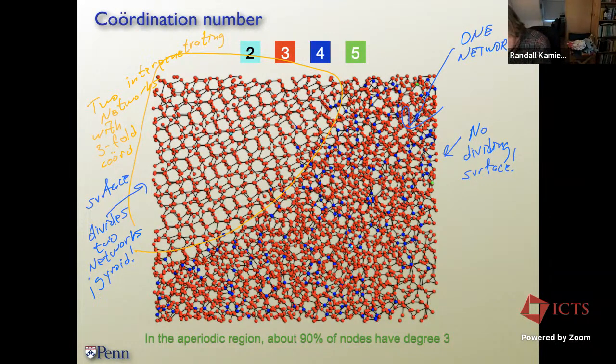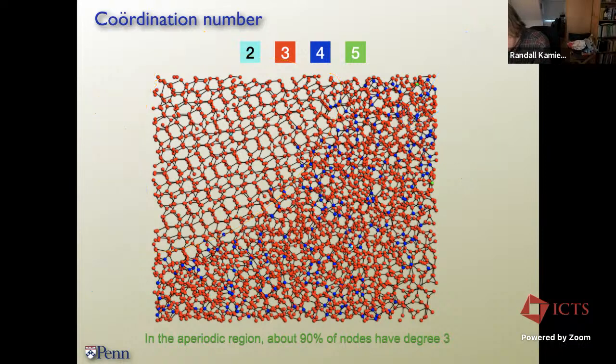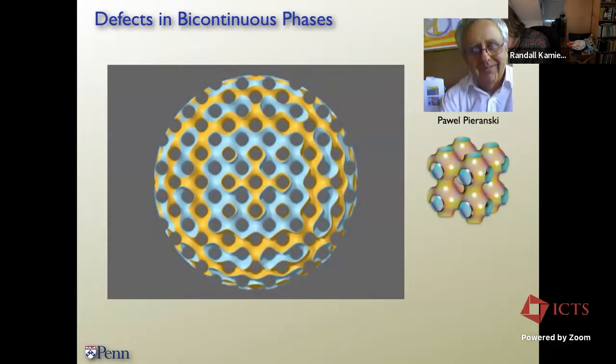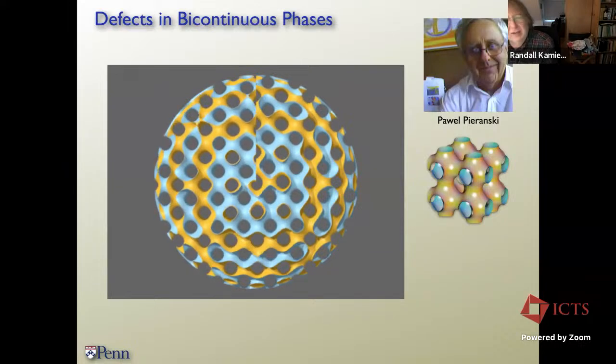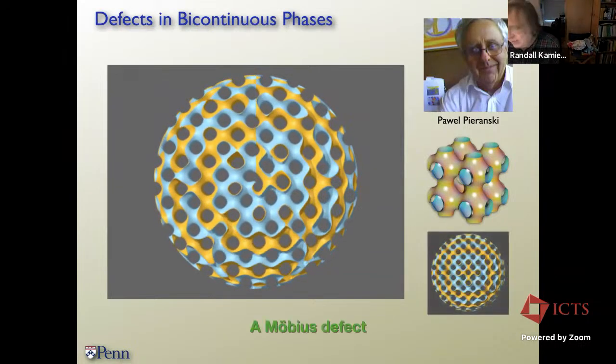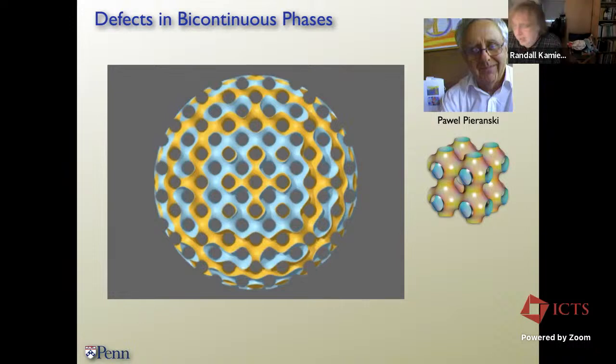And there's a very brilliant crystal physicist, Pavel Peronsky. And Pavel asked this question a long time ago. He said, oh, here I have a picture of the gyroid. Sorry, it's not the gyroid. A picture of the P surface. So it's that surface like this where you have these six-fold junctions and you just keep attaching them together.